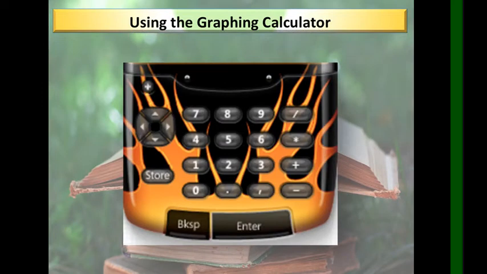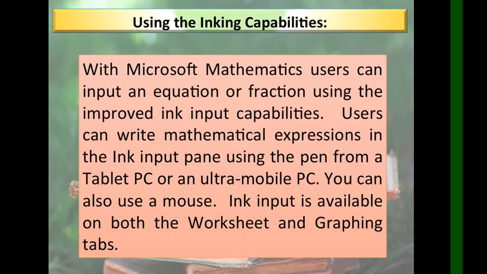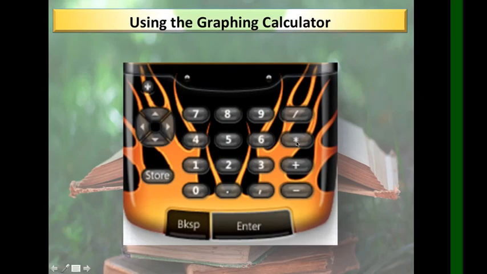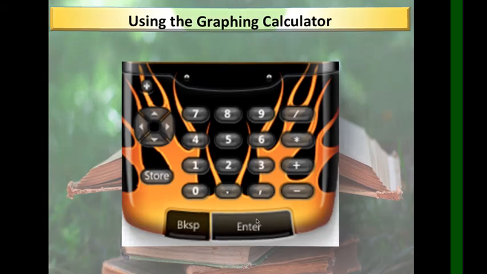So this is the calculator wherein you can type the numbers, the equation that you want. So it has numbers, the symbols here, the up and down arrows or left to right, store and backspace, and then the enter.